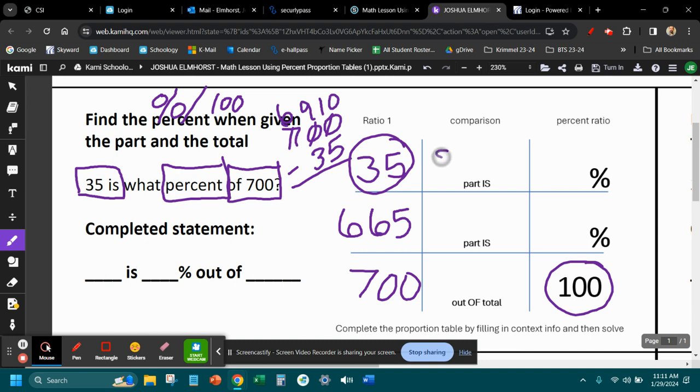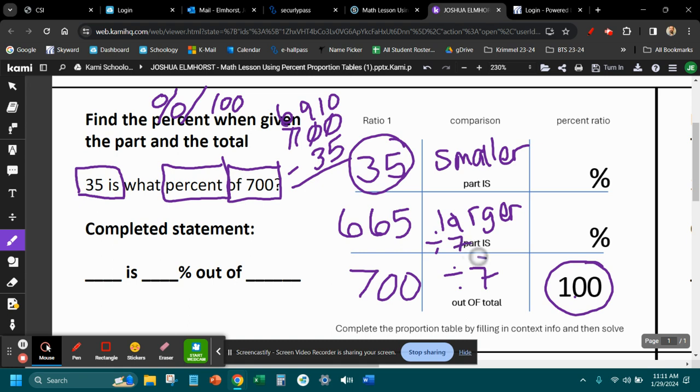So now we have the context. This is the smaller part, and this would be the other larger part. And now we look at how do we go from 700 down to 100? Using factors. What's an easy factor or number we can divide by to take 700 down to 100?